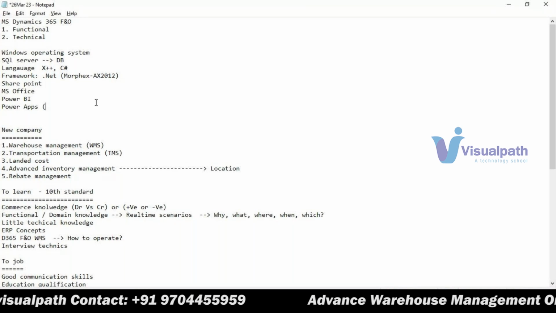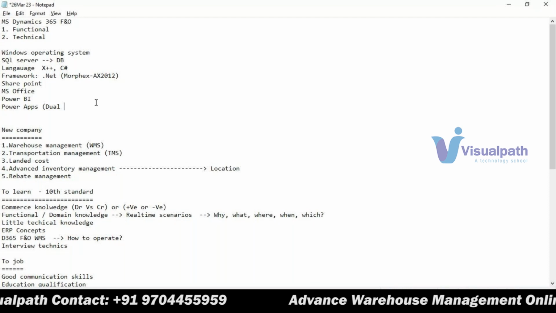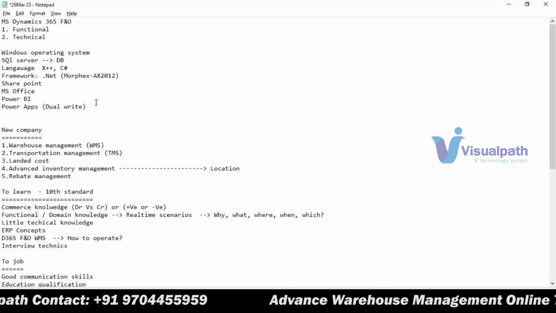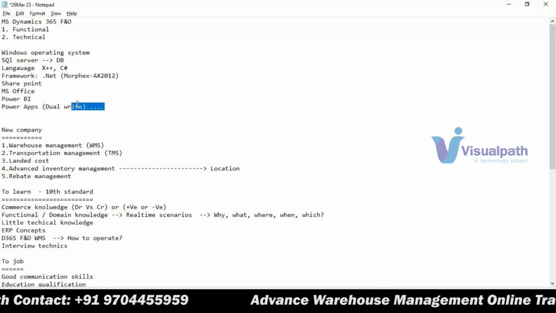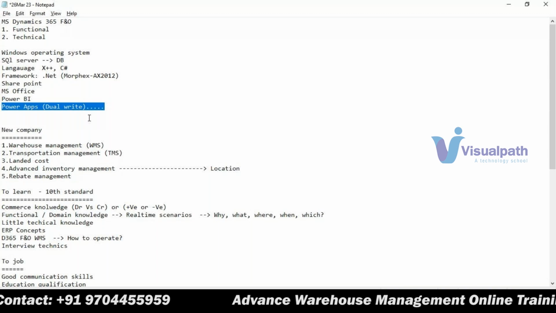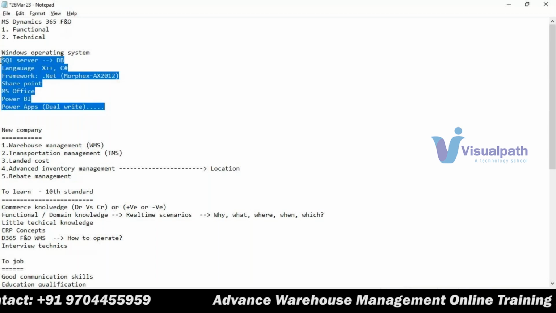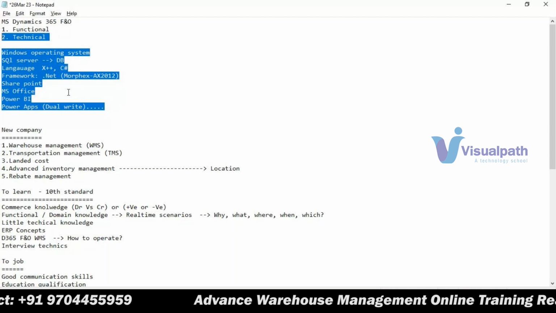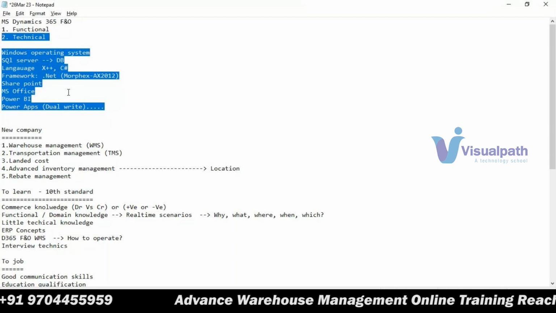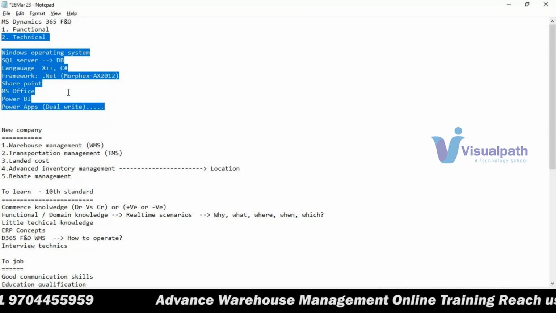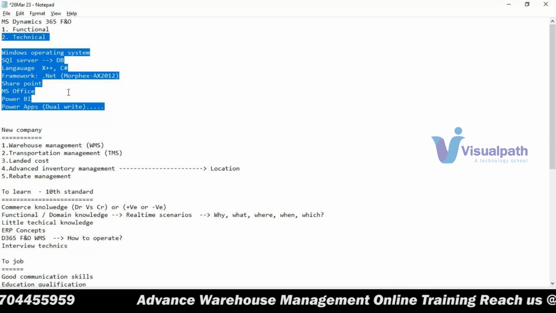Dual write is one function. There are so many technologies inside. This is an integration tool. All these are related to technical. You need not learn all those things. That is not at all required.